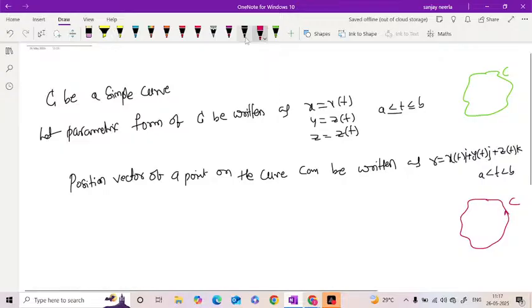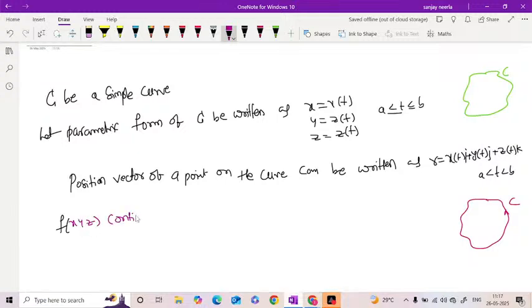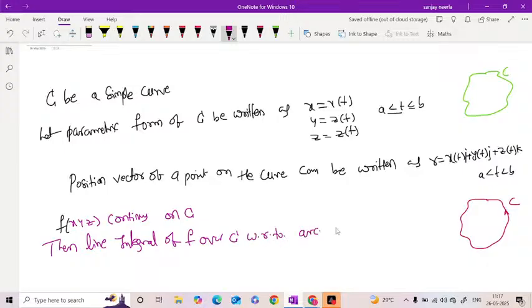Here I am taking a continuous function on the curve. So let us assume f of x comma y comma z be a continuous function on the curve C. Then the line integral of f over C with respect to the arc length is integral f of x y z into ds.